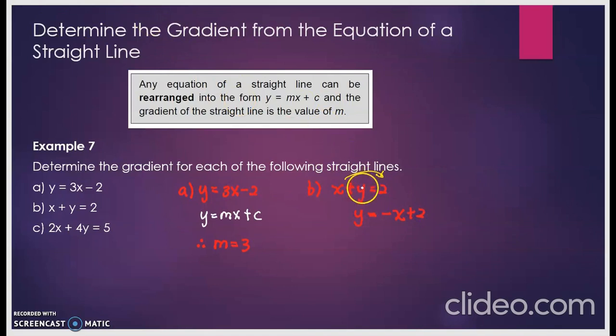So again, here is the standard form, y is equal to mx plus c, where our m is not negative x but negative 1. So our m is equal to negative 1. Now we look at c.